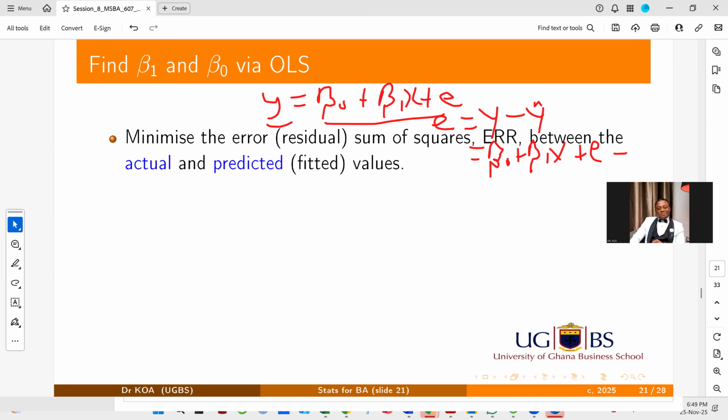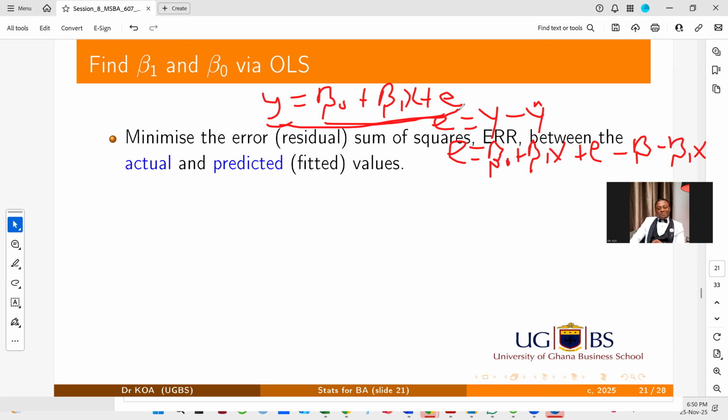minus the y cap. The y cap is the part before the error. So the y cap is going to be beta naught plus beta 1 x. So this error is going to be equal to that. But we are not interested in this, because the original model is this.